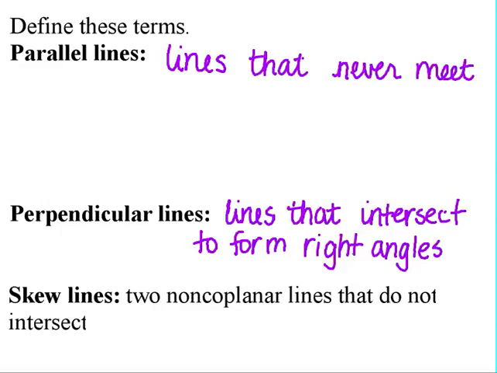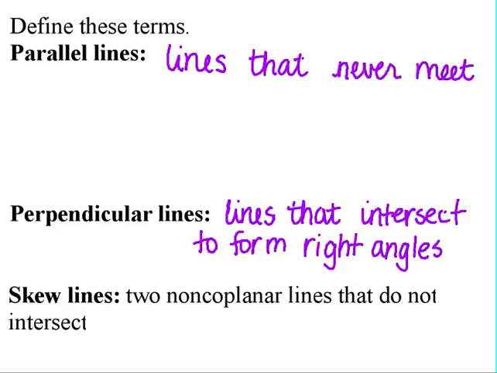They're never going to meet. But they're not parallel because they're non-coplanar lines. They're in separate planes. A plane would be like this wall, or like that wall. That's what we call skew lines, because technically when we think of parallel, we think of something that looks like this, or something that looks like this.